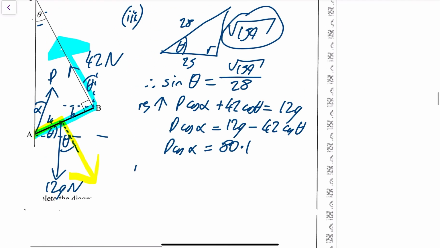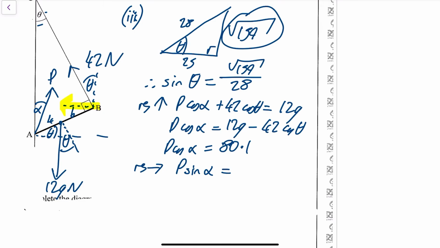We're also going to resolve horizontally, and the force is right. So the force right, which is P sine alpha, equals the force left. Now the force left is going to be this one here, the amount of 42 that goes left. So it's going to be 42 sine theta.